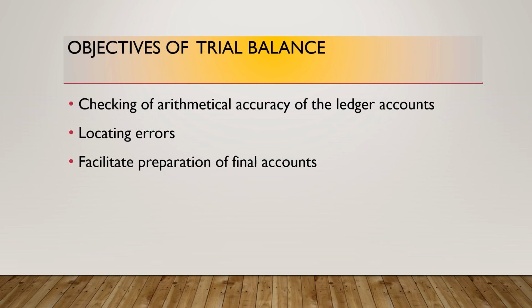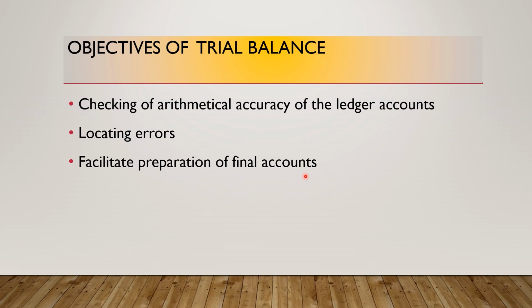So whenever balances are not matching or we realize there is some problem, the next step is we find out the errors. It also helps us in locating errors that are related to the different accounts. Okay, and then last, as we have talked about, it facilitates preparation of final accounts.